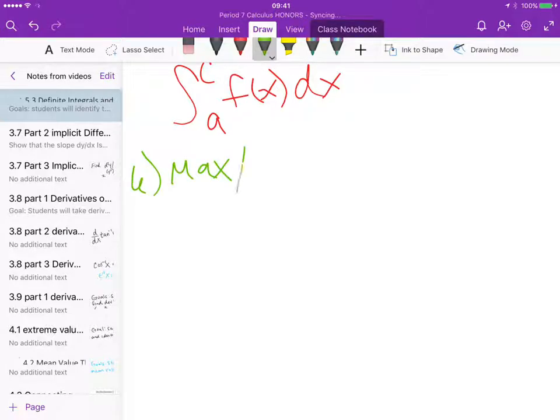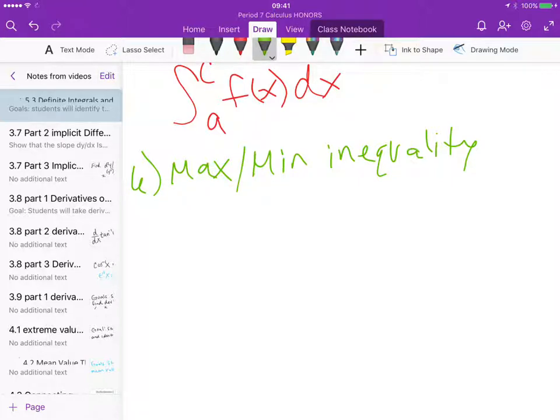Max or min inequality. All right, so we're basically saying, let's say the max of f and the min of f, or the maximum and minimum values of f, we can say this.